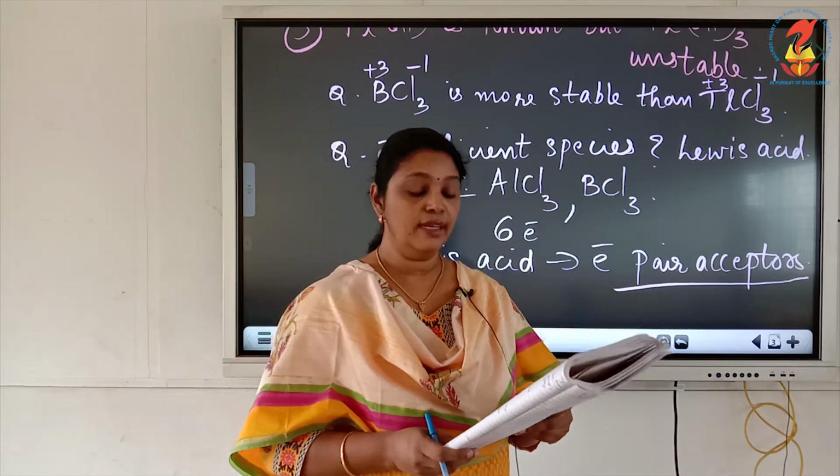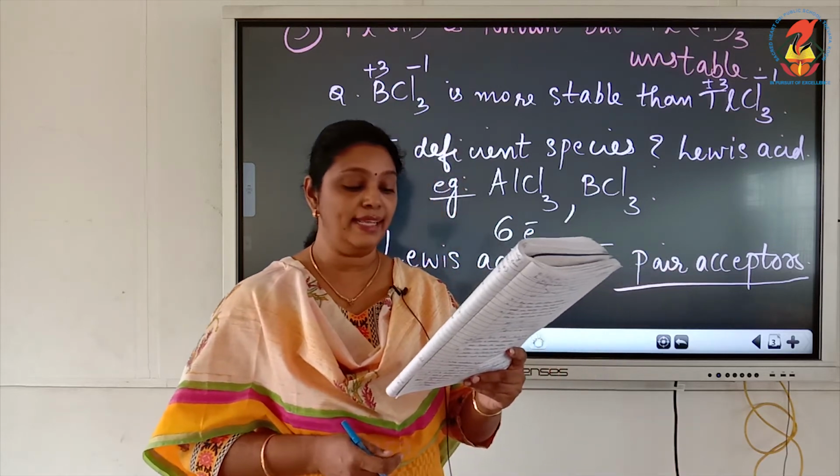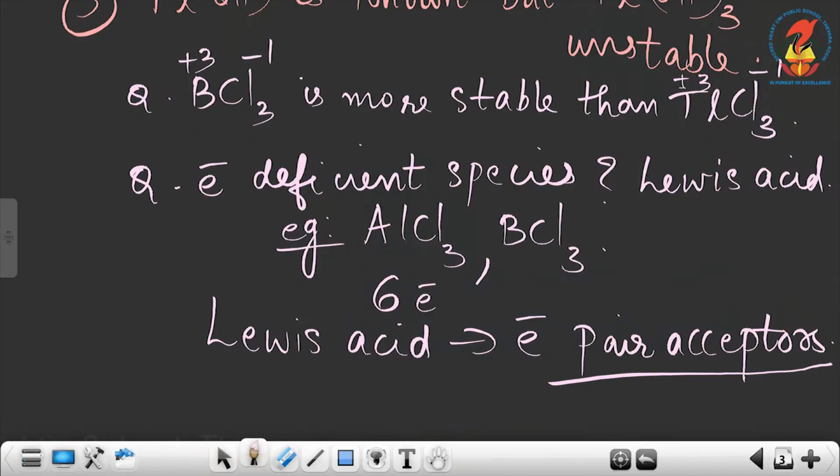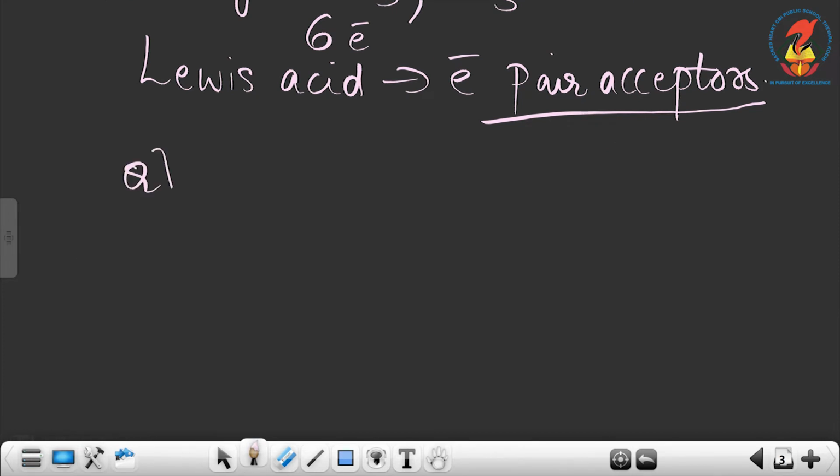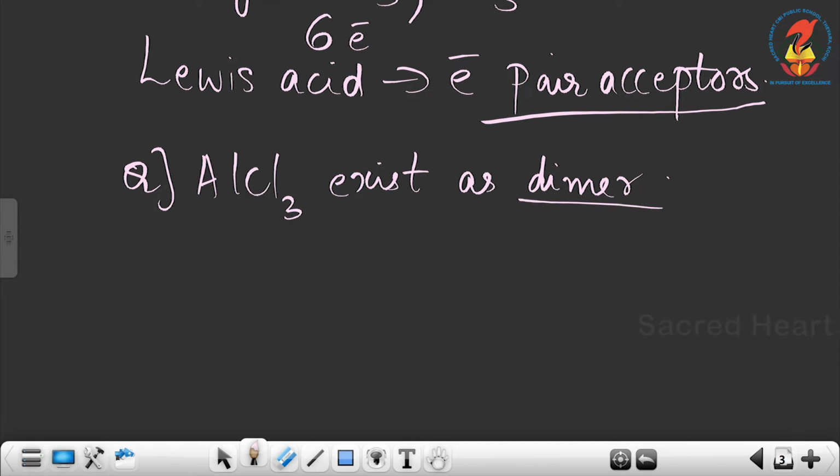Now, next question, why does aluminum chloride exist as a dimer? Very important question. Dimer means 2 molecules of AlCl3.